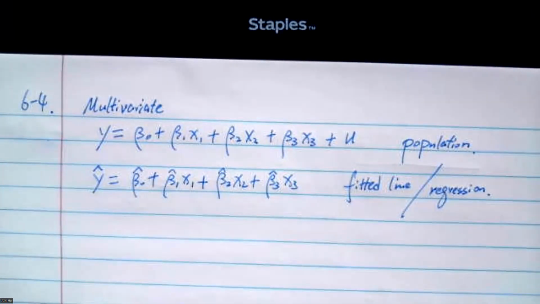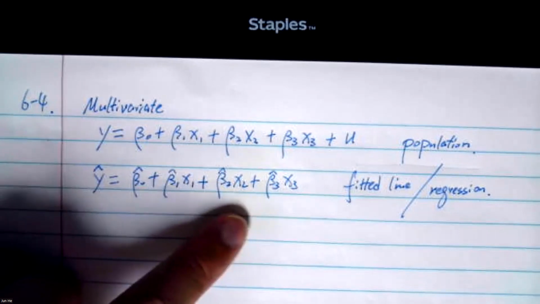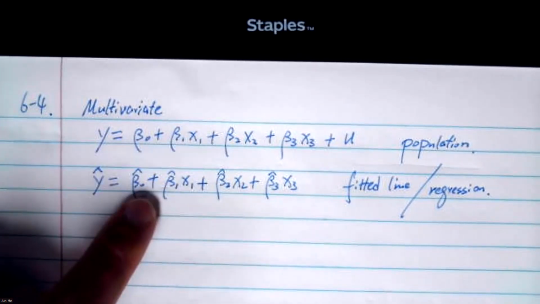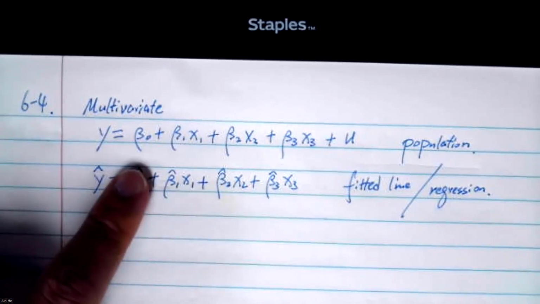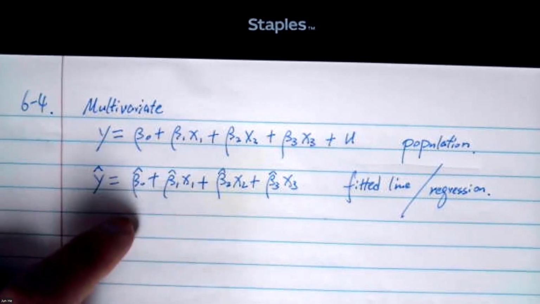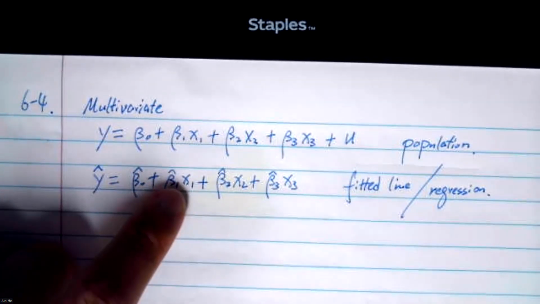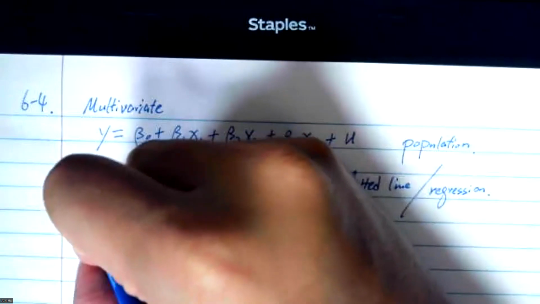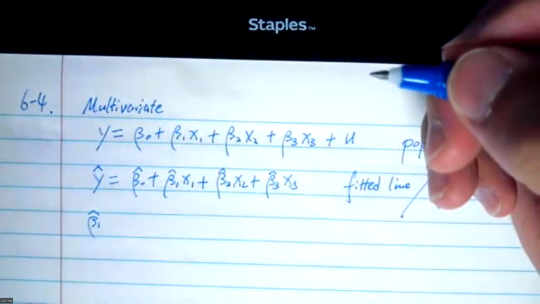Okay, so here, what does each coefficient mean? I mean the slope term. The intercept term, we know what this means, we just leave it here. The more important is the slope term. So for instance, beta 1. What does that mean?